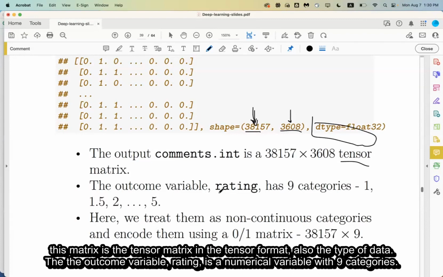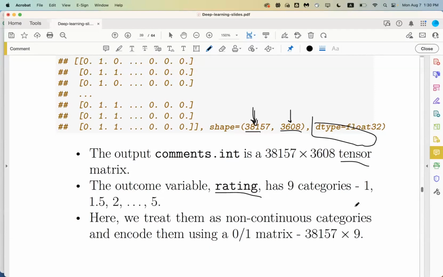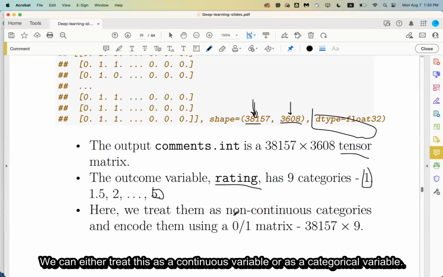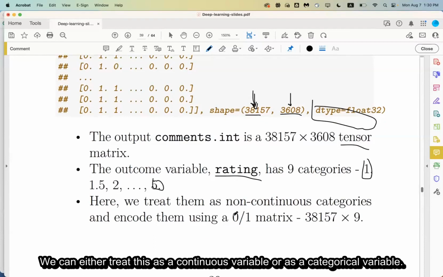The outcome variable rating is a numerical variable with 9 categories. The 9 categories: 0 is 1, 1.125. We can either treat this as a continuous variable or as a categorical variable.